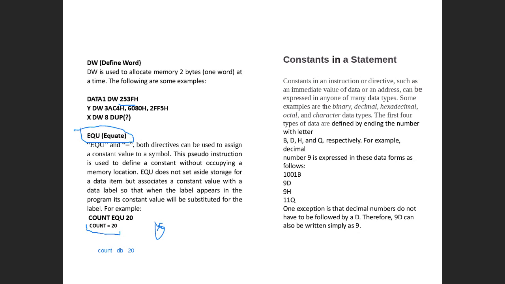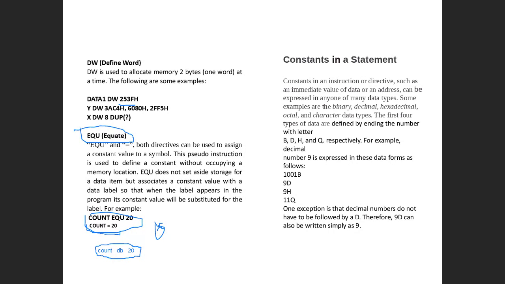What does it mean? They are quite similar, but the difference is that count EQU 20 initializes 20 to the variable count without saving it in memory, but count DB 20 is saved in memory, with the initialization that 20 is initialized to the count variable.